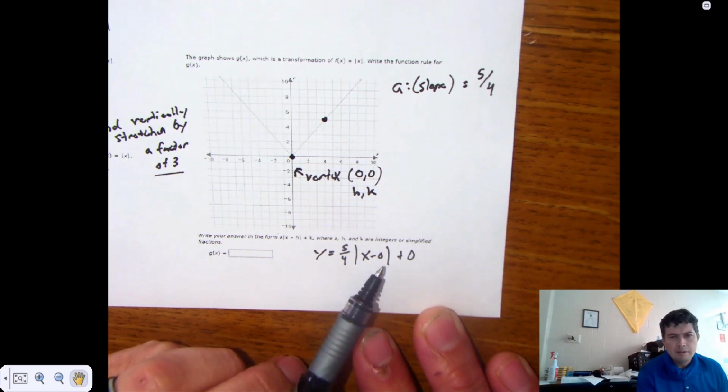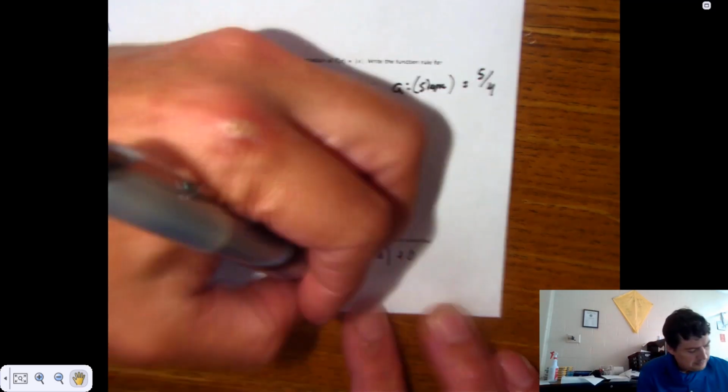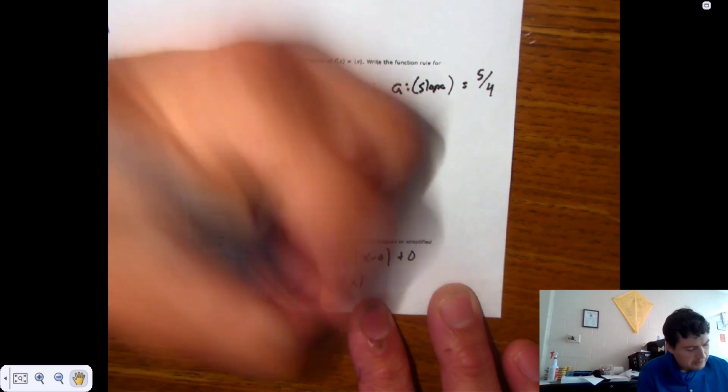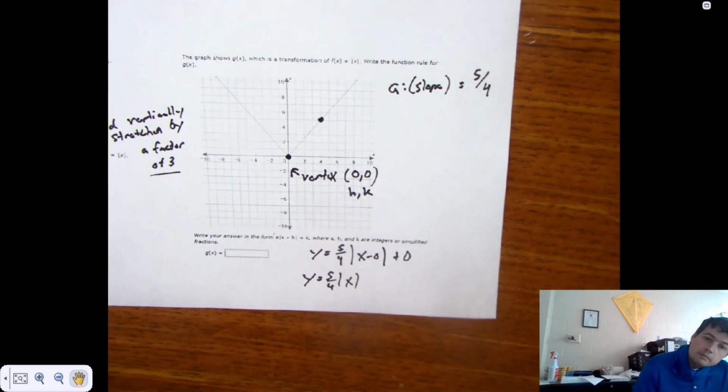Never. Taking away a 0 changes nothing. Adding 0 changes nothing. 5/4 the absolute value of x. And they do want fractions, for those of you who are using decimals. They don't want decimals. Don't use decimals. Decimals are bad.